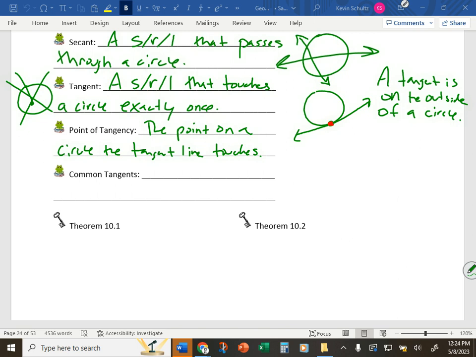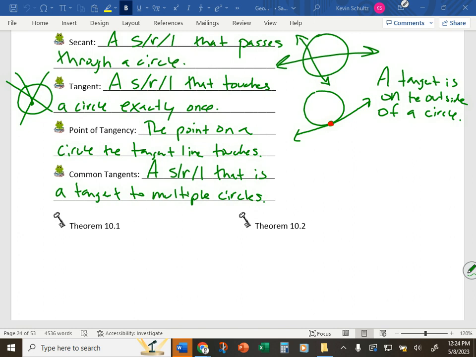And final definition: common tangents. A common tangent is a segment, ray, or line that is tangent to multiple circles.